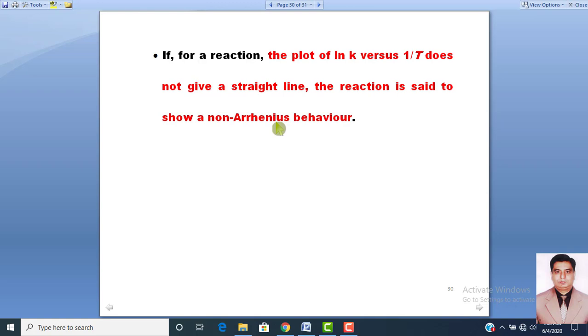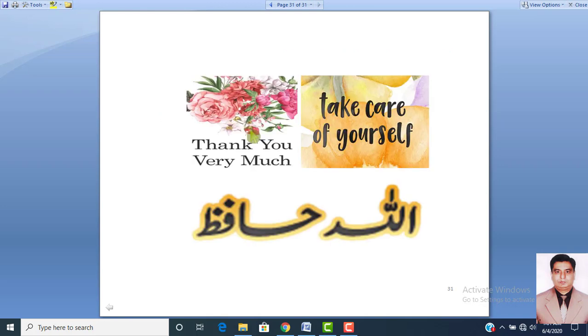But if the graph between log natural k versus 1 over T shows a straight line, it means that the reaction is showing Arrhenius behavior. So from the graph you can have an idea whether the reaction is showing a quantitative relationship between temperature and rate constant.